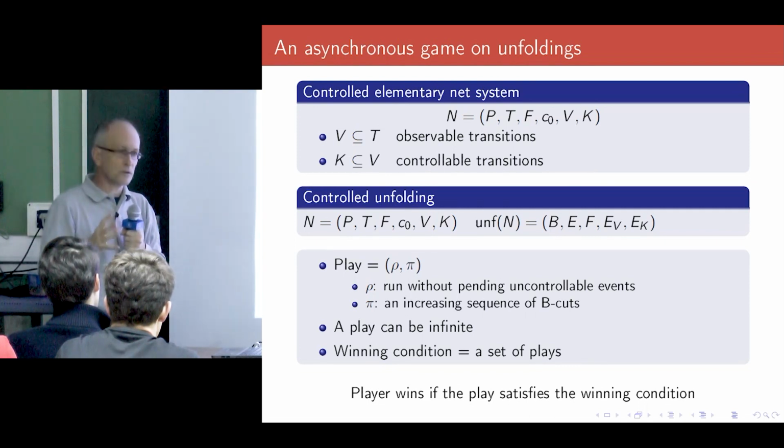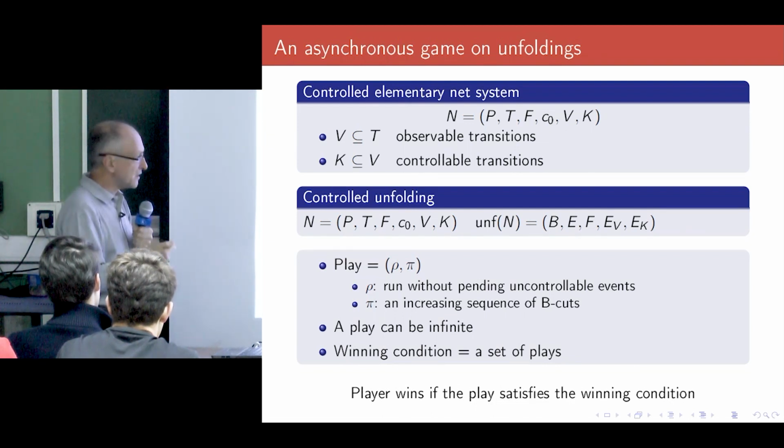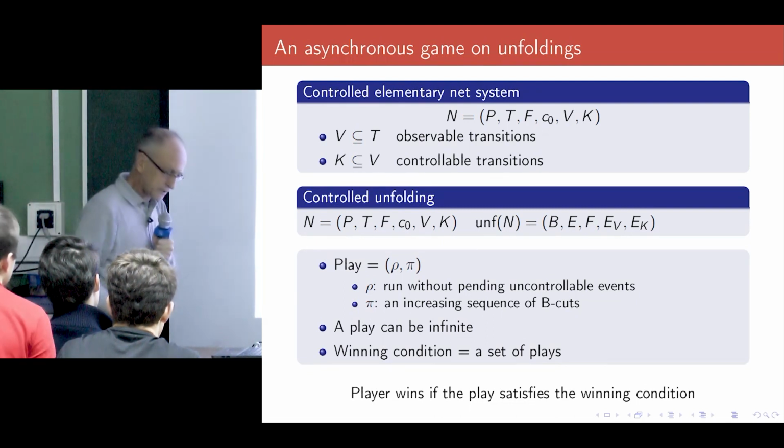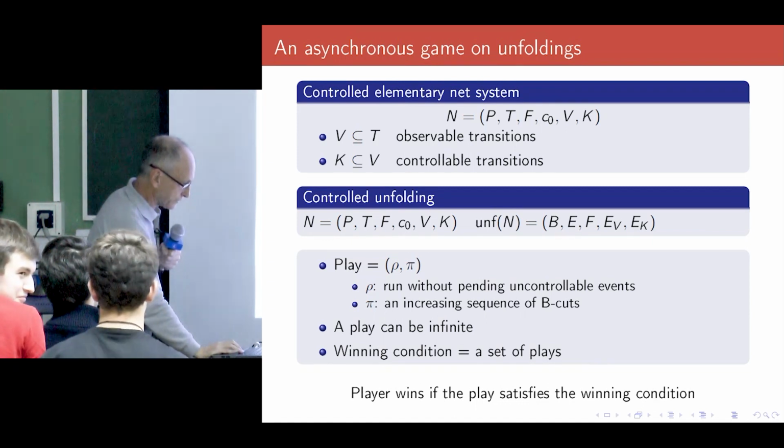This is an important difference with respect to the usual games that we play, because usually we want to play a finite game and at some point be able to say, you win, you lose. But actually, even if a play is potentially infinite, we can still define in which cases the player wins and in which cases the environment wins. And there is a technical way to describe this winning condition.